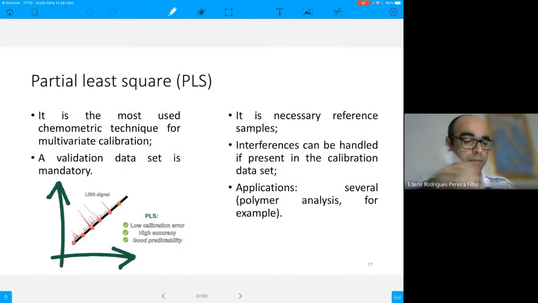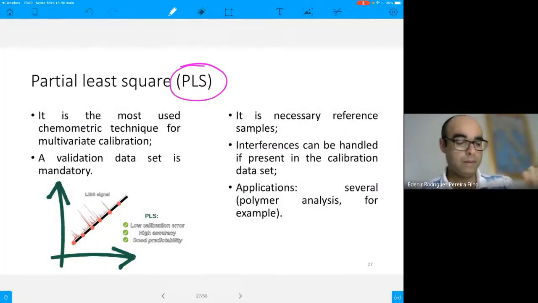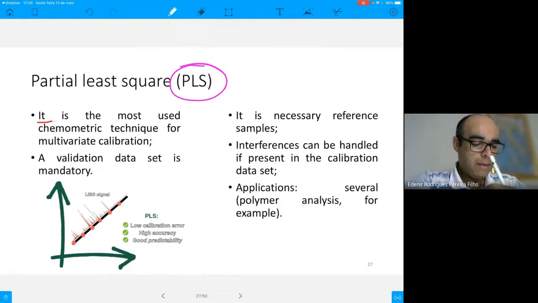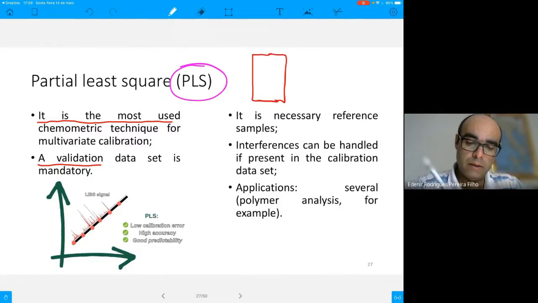Some examples. The first one is PLS, partial least squares. PLS is the most used chemometric technique for multivariate calibration. We need to perform a validation data set. We can separate the data into a calibration set and a second set for validation.